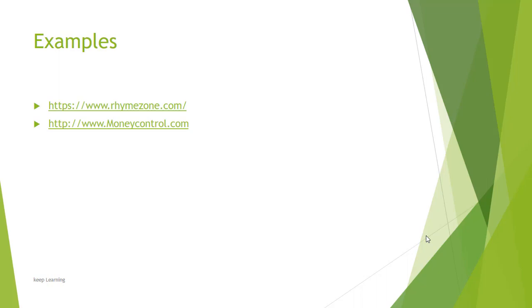We will try to retrieve the data out of this. We are going to use both methods, PowerShell and Python. My next video will show you how to do the scraping on rhymezone.com using PowerShell and then using Python.